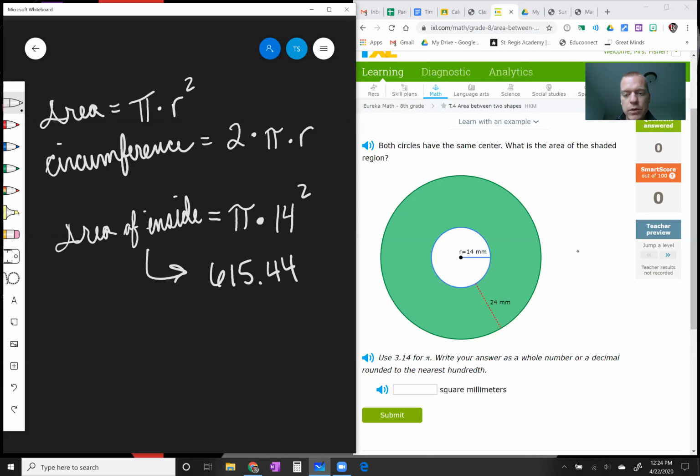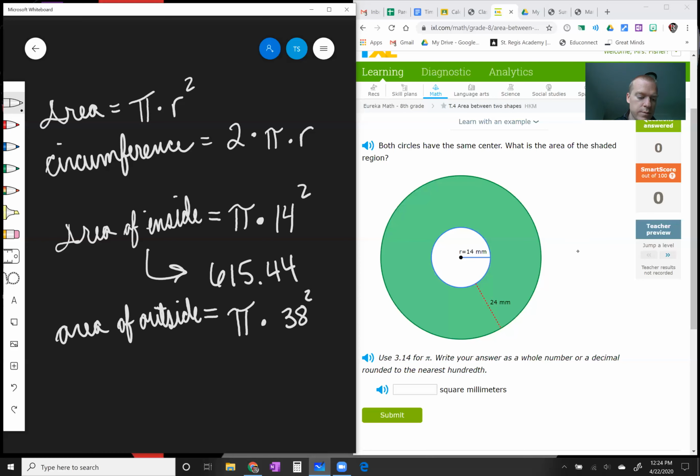Okay, now let's find the area of the outside. So area of outside. Okay, again, it's going to be pi times r squared. So now if we look, this is 14, but to get out to here, it's 24. So 14 plus 24, right, is going to be 38. So times 38 squared.